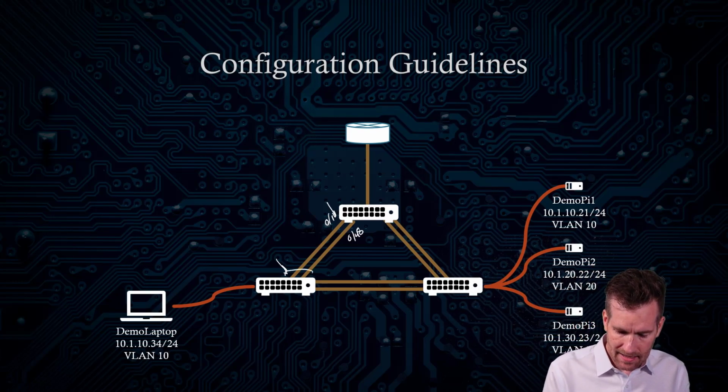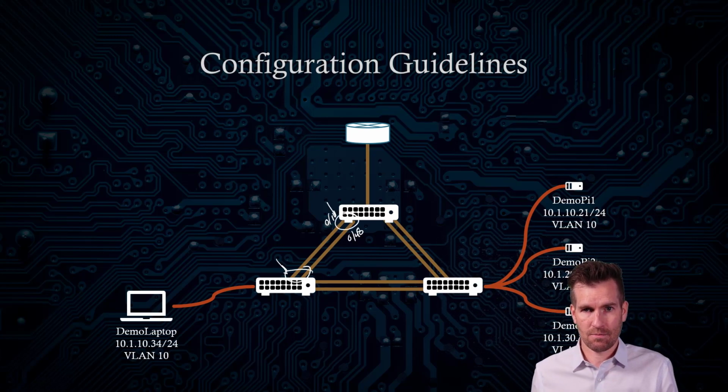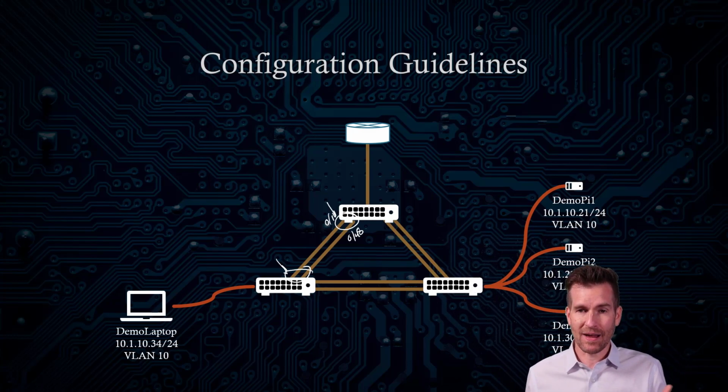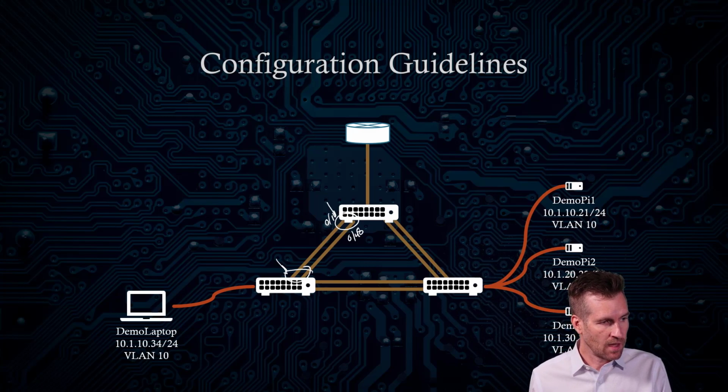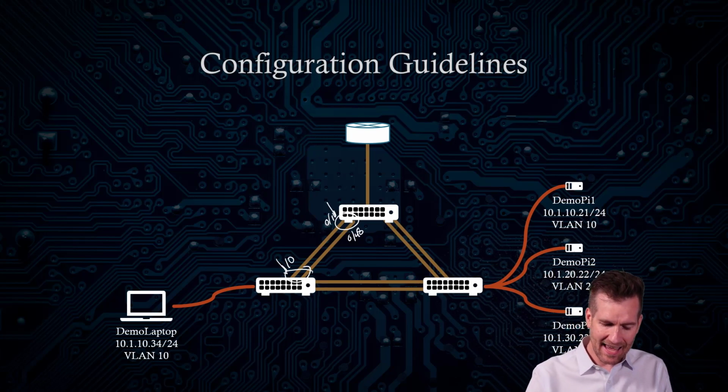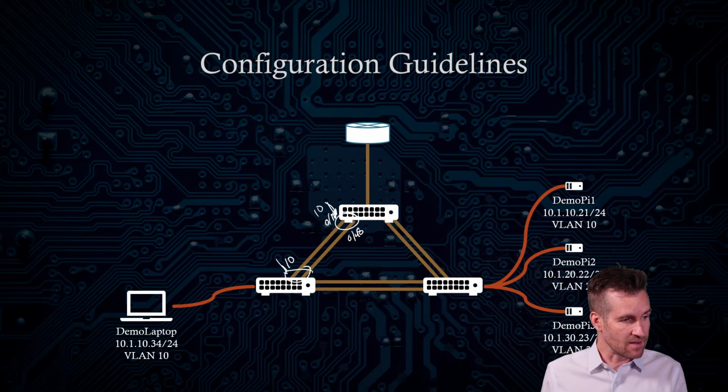So on this side could be an access port, and this could be an access port as well, or trunk ports on both sides, or routed ports on both sides. So they must match from that perspective also. The VLANs need to match. So if this is an access port and it's on VLAN 10, then this side also needs to be set up for VLAN 10. So the VLANs need to be matched.